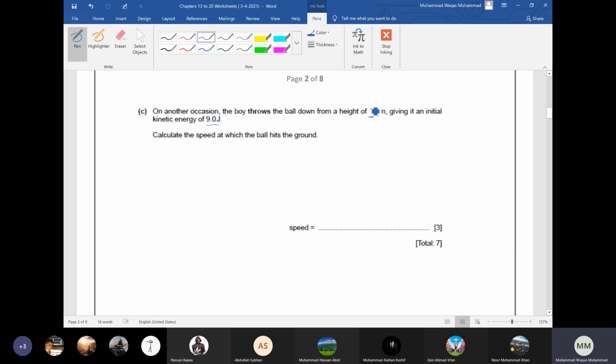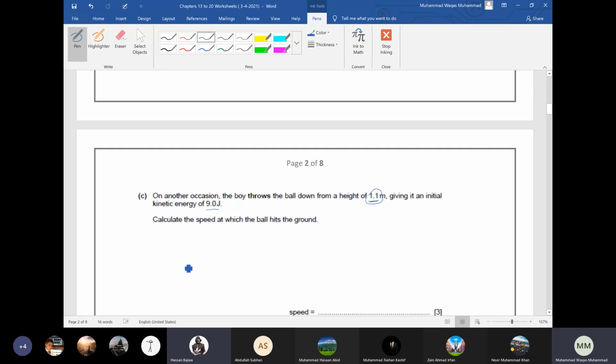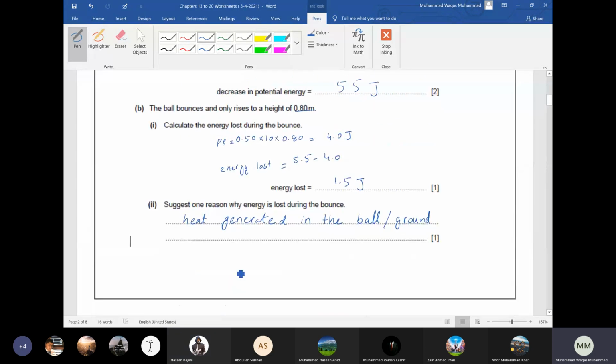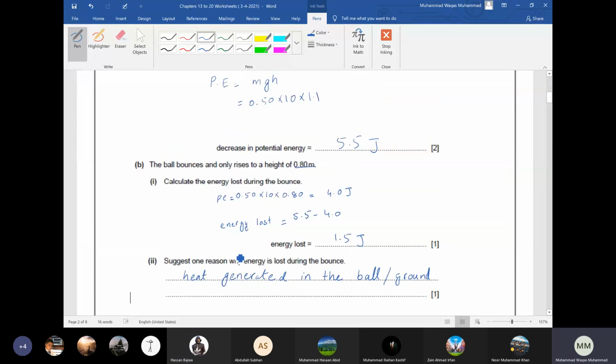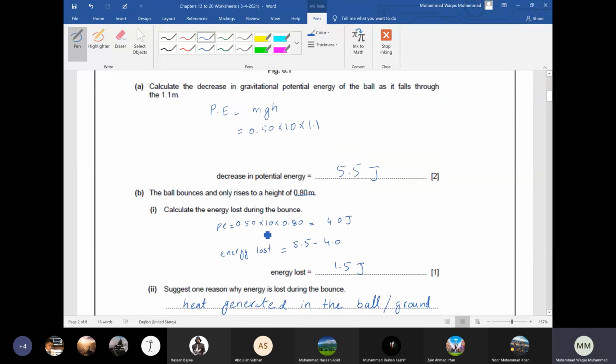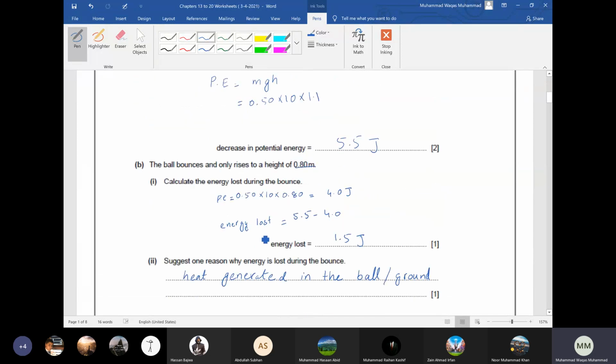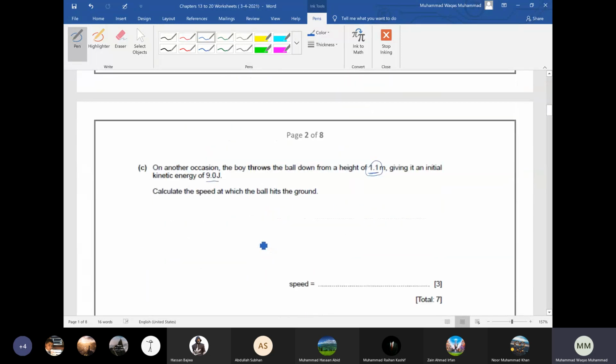Beta, when the ball drops from 1.1 meter, we know how much potential energy it loses. We calculated that, right or wrong? Yes, sir. When it falls from 1.1 meter high, the potential energy it has is 5.5 joule at that height, right? And it is further given 9 joules of kinetic energy.